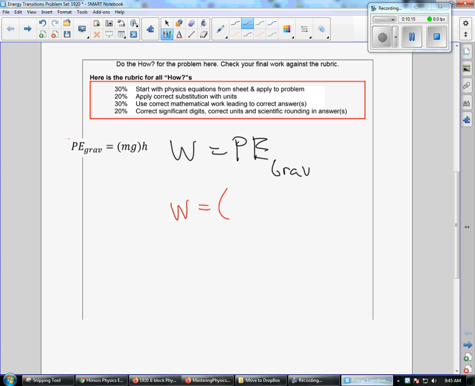So that is my mg, the 27 newtons, and then my height is 5.0 meters. Let's see, 5 times 20 is 100, 5 times 7 is 35, 135 joules.